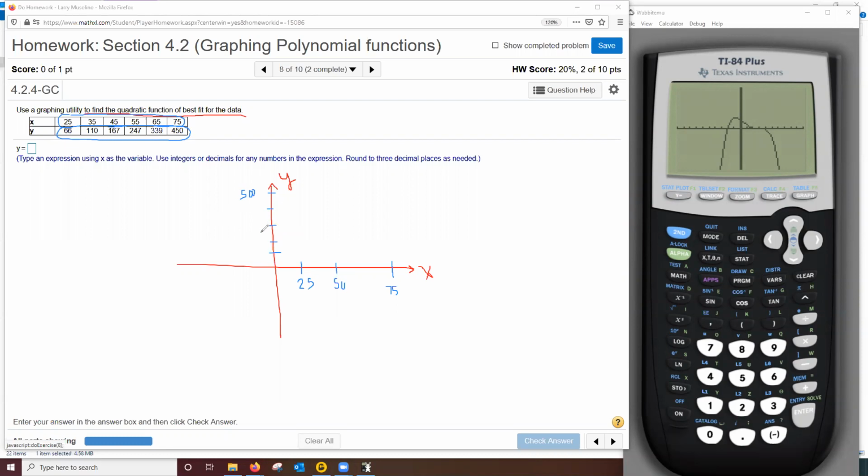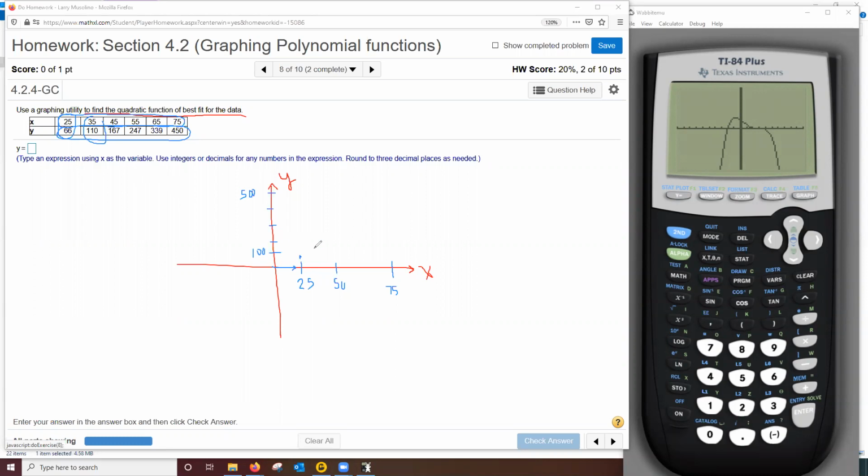Okay, let me graph these points just in a rough kind of way. The first point is 25, 66. So I'm going to come over to 25 and go up to about 66. And I'm just going to try to roughly eyeball these points. All right, next is 35, 110.